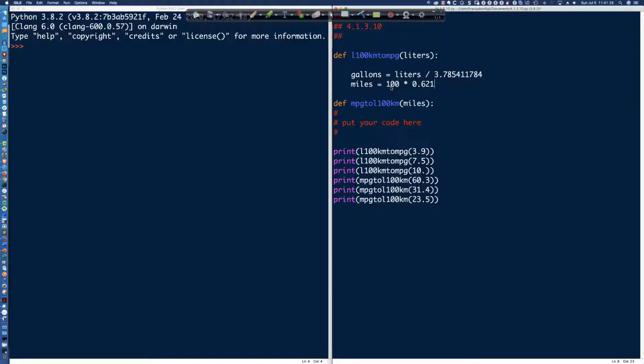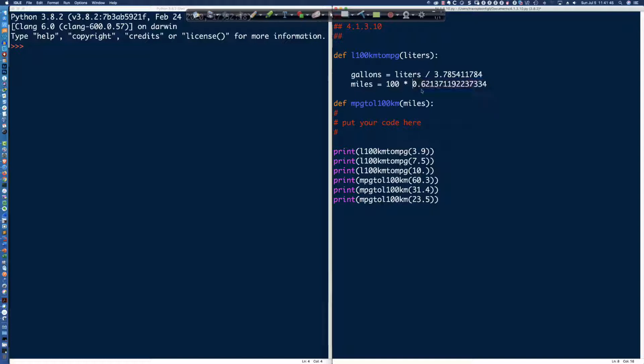Let me make sure I get this right here. 0.6213711922. And so I'm basically putting the result here, because this is going to remain constant.